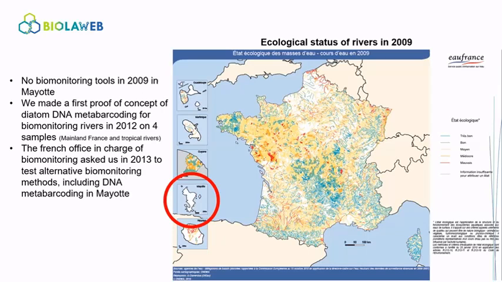And so it became officially completely French. So it's a French department as Haute-Savoie, where we live. And so it's fully part of Europe, and we had to apply the WFD there. And this is why the water managers proposed us to test DNA metabarcoding on this small island.